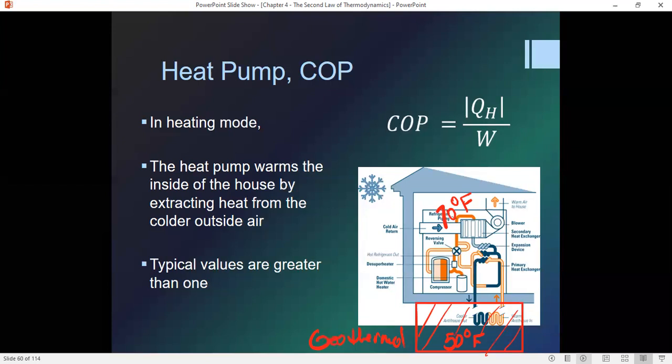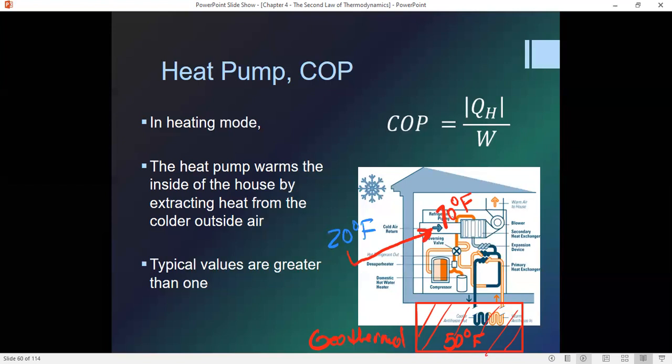Okay, so let's say that it's 20 degrees Fahrenheit outside, cold outside. Okay, you could extract heat from that 20 degrees Fahrenheit, but it's going to be really, really difficult because you're moving up against a 50-degree temperature gradient. Okay, you're going from 20 to 70.